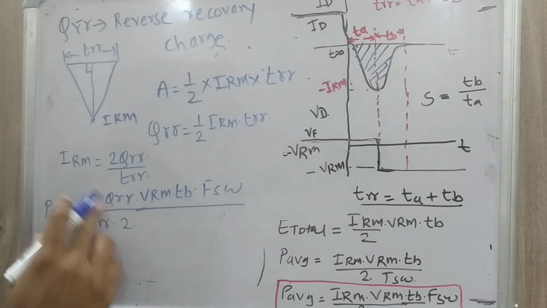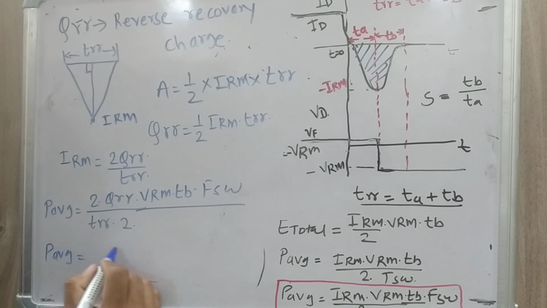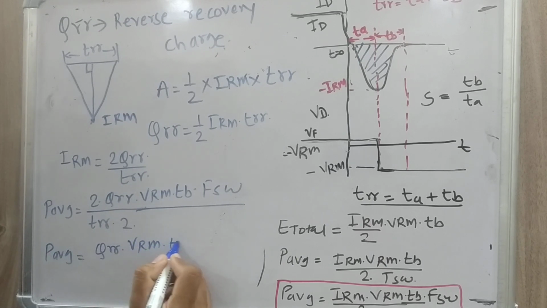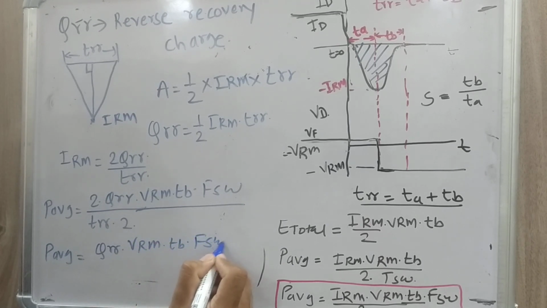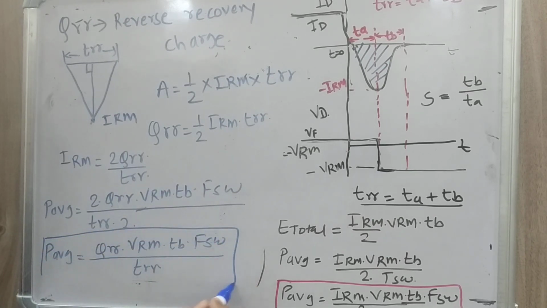Now the 2 cancels out. So the final equation for the average power dissipation becomes QRR into VRM into TV into FSW upon TRR. So this is the final equation.